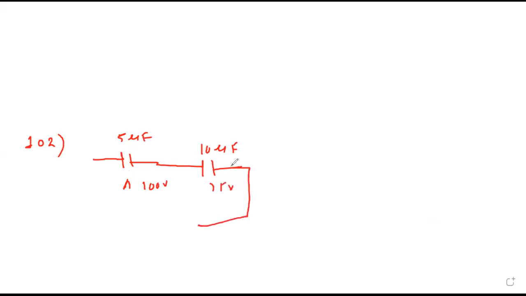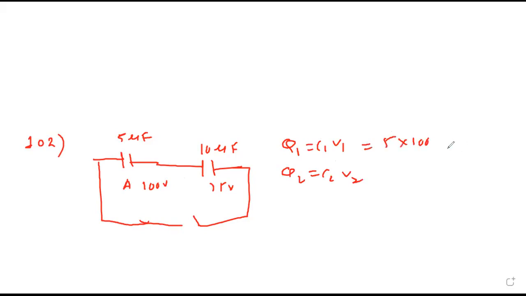They are connected by a switch. So charge on the first one is C1 V1, charge on the second one is C2 V2. That is 5 into 100 equals 500. This is 10 into 75 equals 750.